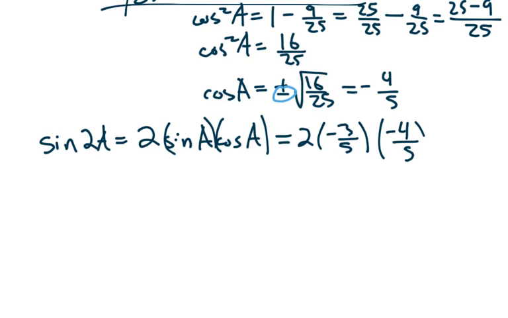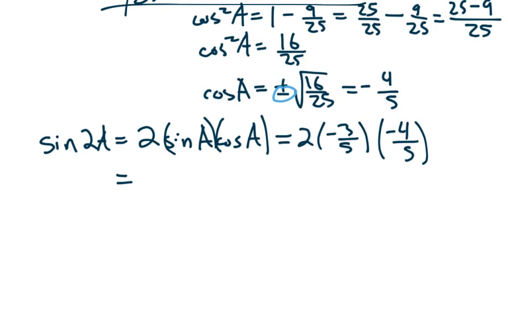There's a big difference between input and output. A is an input, negative 4/5 is an output. Don't mistake the two. A lot of people mess up on this problem trying to plug negative 3/5 into sine. That's not where it goes. It replaces the whole expression.